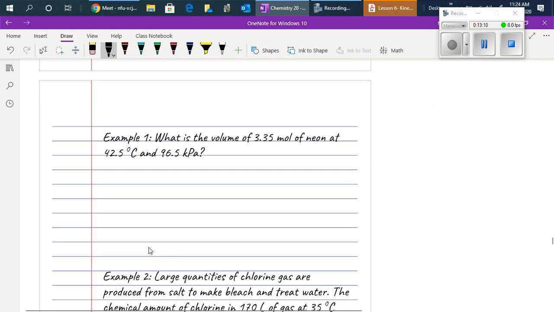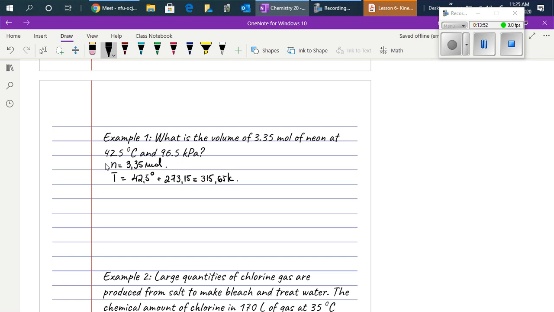Okay, so let's take a look at the example that we have here. What is the volume of 3.35 moles of neon at a temperature of 42.5 degrees Celsius and a pressure of 96.5 kilopascal? So the number of moles is 3.35. Temperature, we will convert straight to Kelvin: 42.5 degrees plus 273.15, which is 315.65 Kelvin.